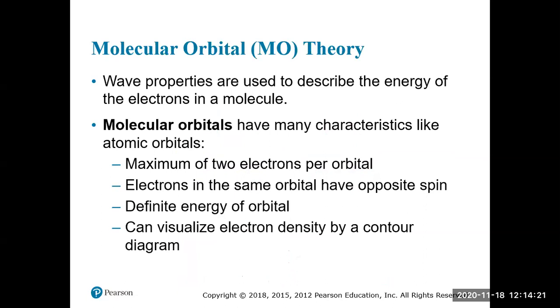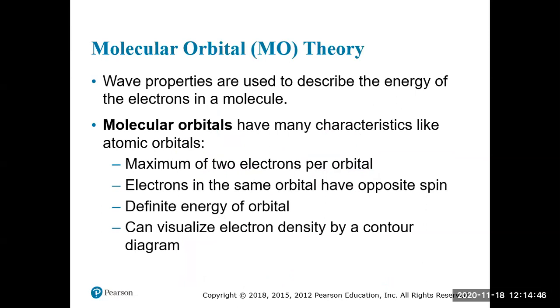Let's talk about molecular orbital theory for a bit. If you recall, we had earlier said that we can use wave properties to describe the energy of the electrons in a molecule. Molecular orbitals: up until now we've been talking about atomic orbitals.